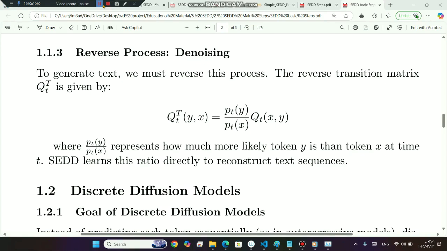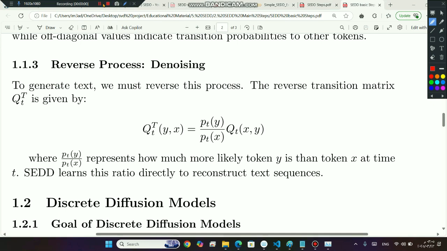All right, assume that the model is able to predict those ratios. What can we do with those ratios? How would we use those ratios to make the backward step? Let's have a sneak peek of the next part. Over here, we have a very important formula. This formula is the foundation for performing the backward step. This matrix over here will be used to perform the backward step.